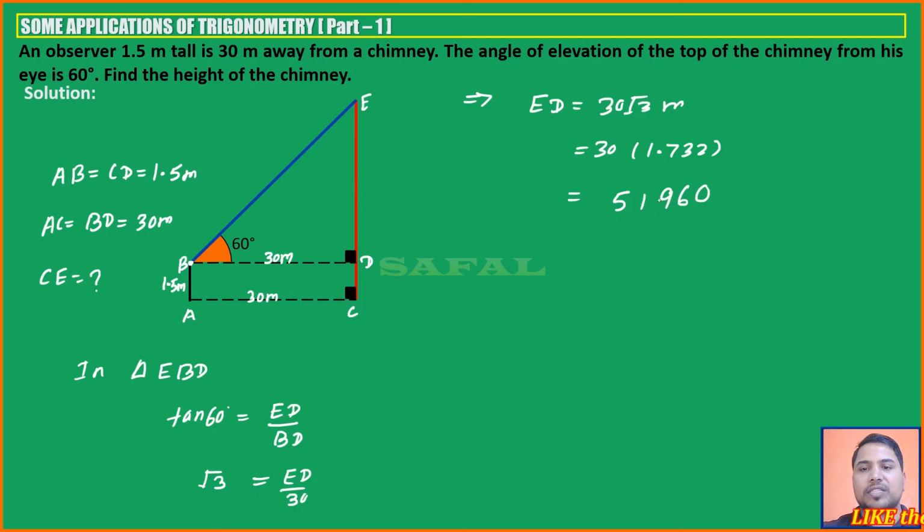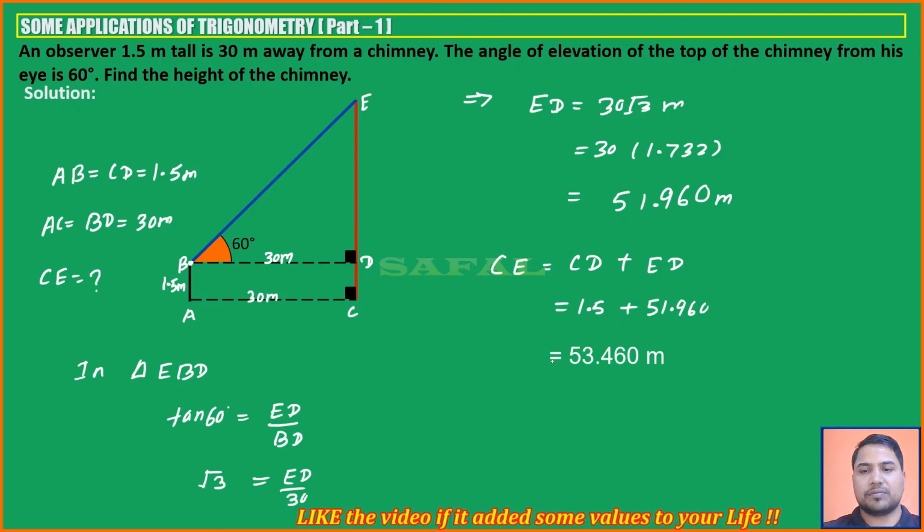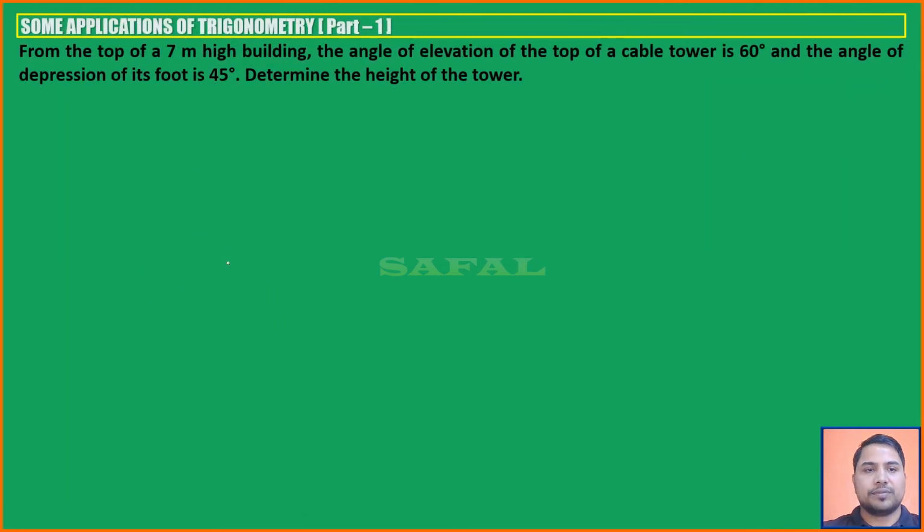Now how many decimal places? 3 places. So that means ED is 51.960 meter. Now what are we interested in? CE. So we know that CE is CD plus ED. Now CD is 1.5 and ED is 51.960.